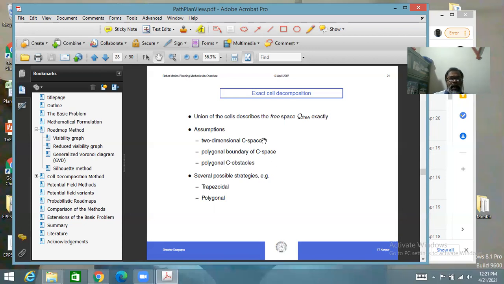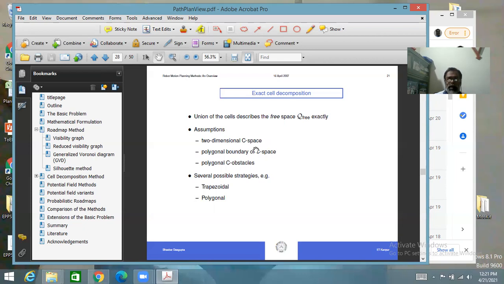And the C-space boundary needs to be polygonal. Otherwise, you cannot talk of exact cell decomposition. And C obstacles also have to be polygonal. Polygonal is not a big issue, and two-dimensional is a severe limitation.